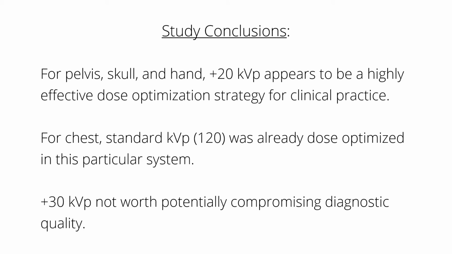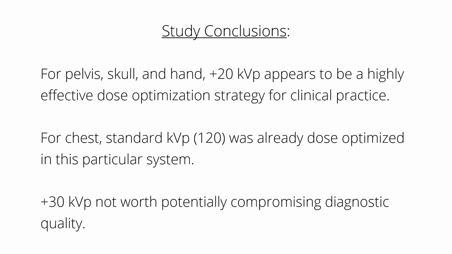So what do all of these results mean? Here are the 3 key points that I picked out of this paper. For pelvis, skull, and hand, increasing the kVp by 20 appears to be a highly effective dose optimization strategy for clinical practice, keeping in mind this is based on the techniques that were normally being used at this site and also for this particular system.